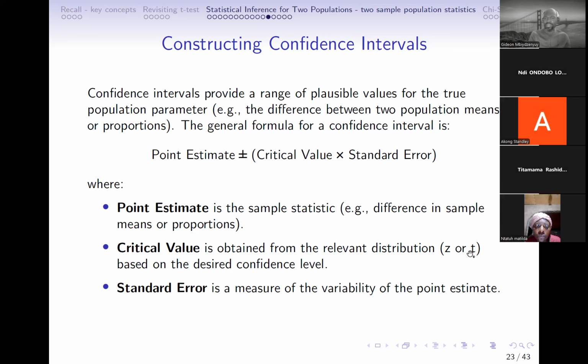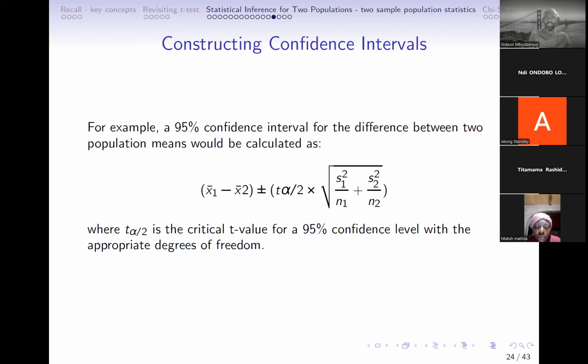The critical value is determined by the Z or T statistic, and then the standard error, which is the measure of variability of the point estimate. At least at this level, there are a lot of formulas involved, which I haven't shown you. Not that they're difficult to understand. It's just that I want to make it simple for you to understand without getting taken away by the mathematical formulations.